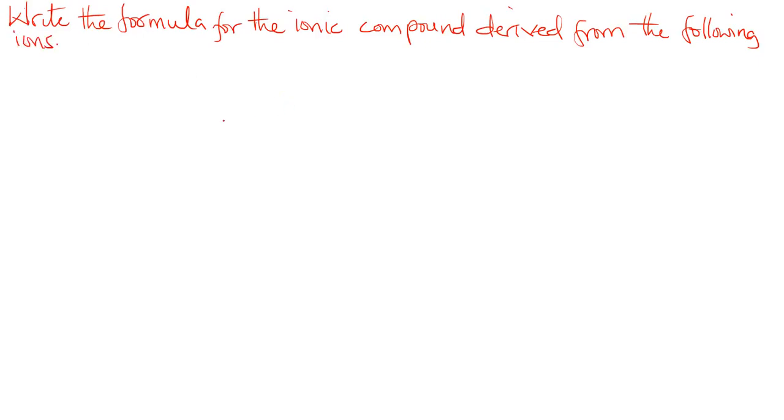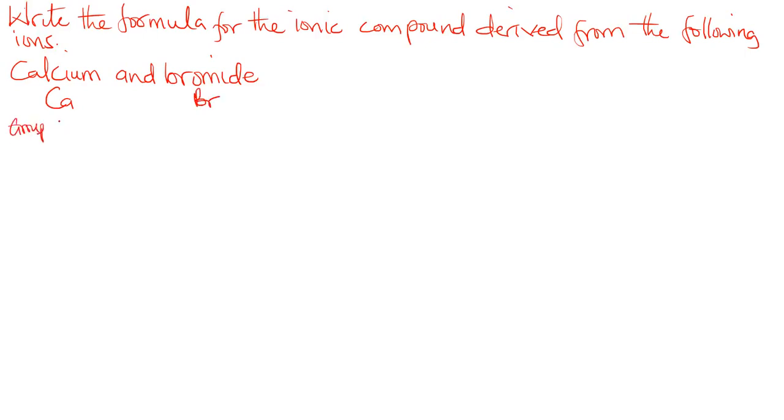continuing with that. So here we have calcium and bromide. So if you look at the ions themselves, calcium, the symbol is Ca. Bromide, the symbol is Br.